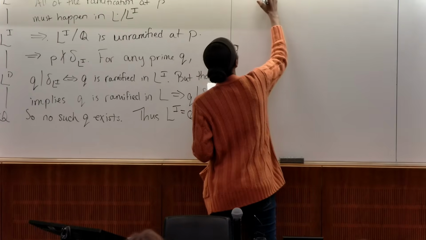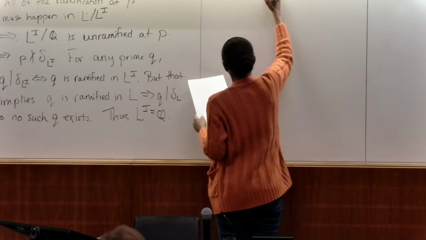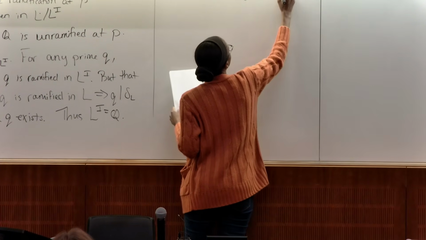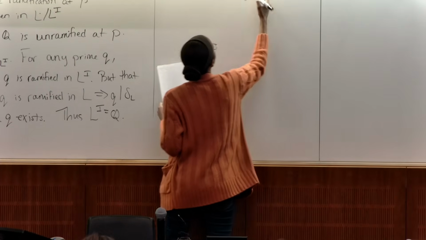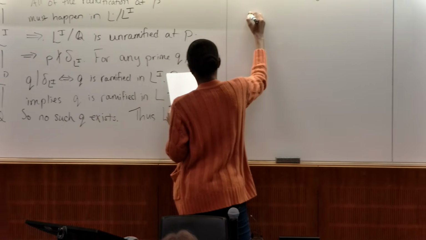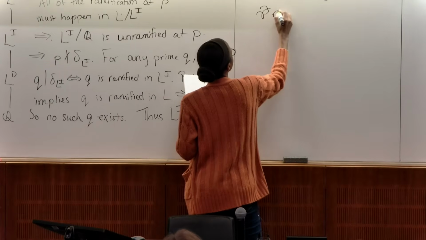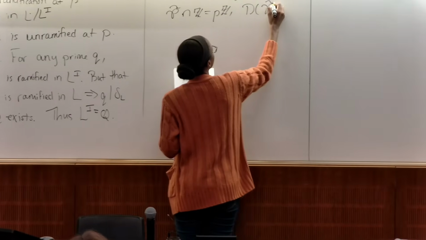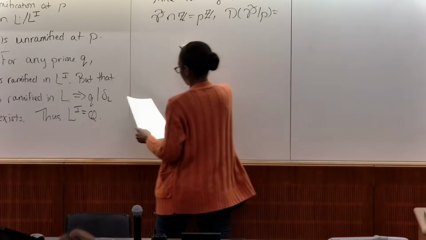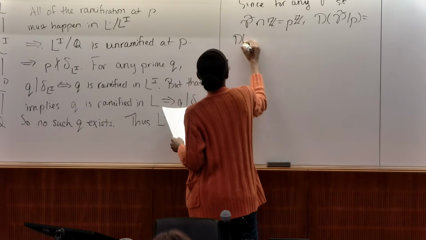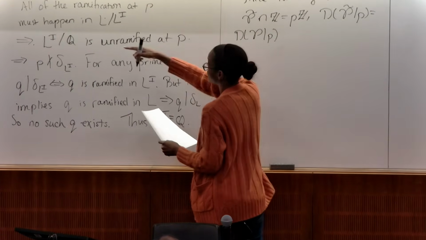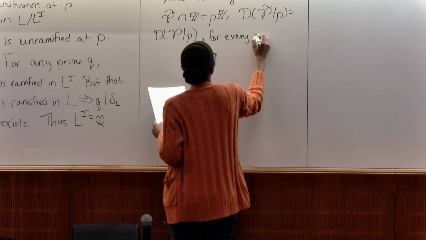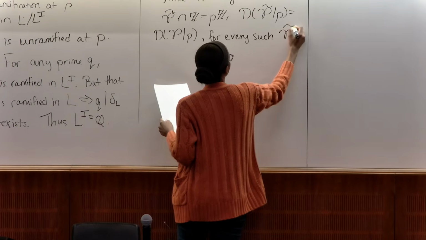Then since the decomposition group, for any p tilde such that p tilde intersected with Z is pZ, the decomposition group of that prime is just equal to the decomposition group for the first prime p that we wrote down, for every such prime lying over p.